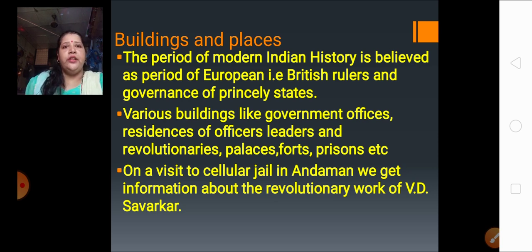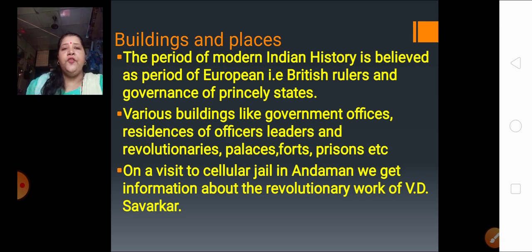Next, various buildings like government offices, residences of officers, leaders and revolutionaries, palaces, forts, and prisons all provide some history or the other. On a visit to the Cellular Jail in Andaman, what information are we getting over here?